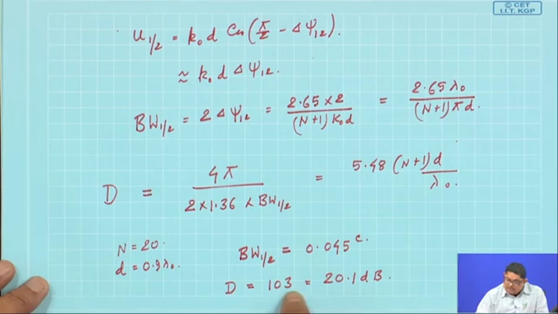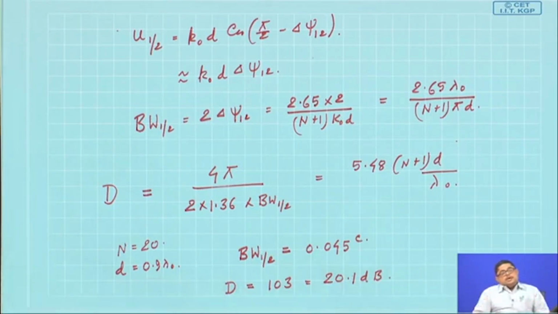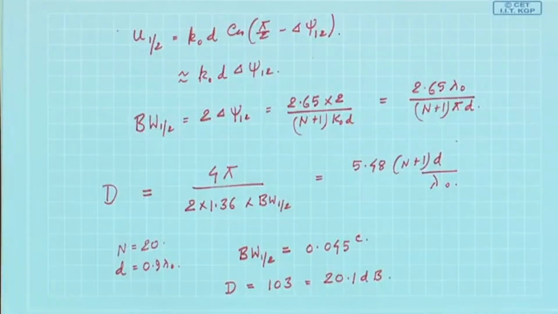So, 60-70 times the 20 element array has multiplied these. This is a very sizable factor, and in very sophisticated applications also this can be done in radars, etc. This gives a very good antenna, array antenna.